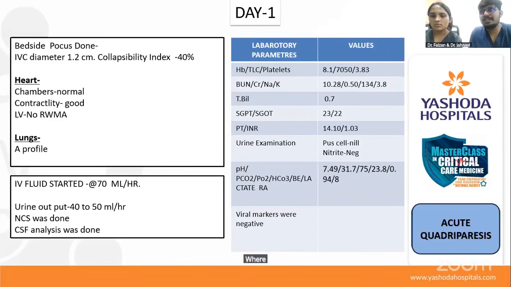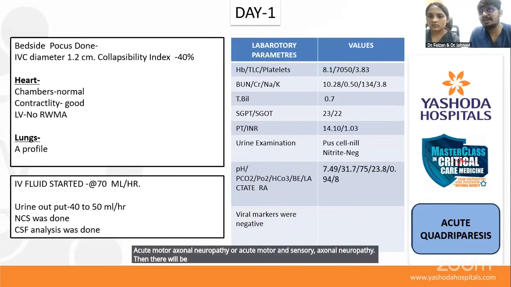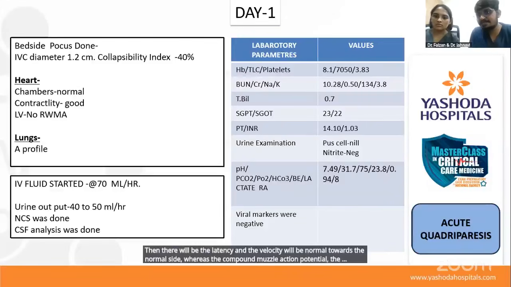Whereas if the variants are AMAN or AMSAN, which is acute motor axonal neuropathy or acute motor and sensory axonal neuropathy, then the latency and the velocity will be towards the normal side, whereas the amplitude of the compound muscle action potential will be decreased.